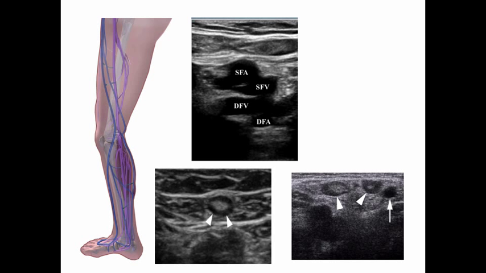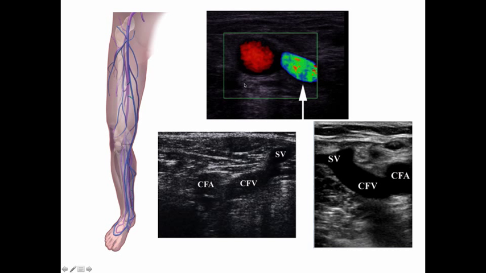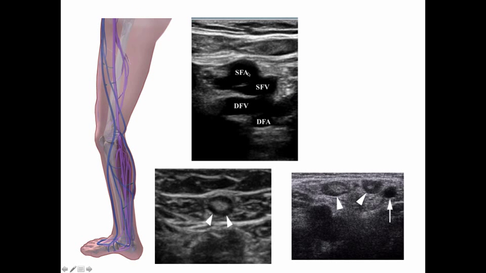And so if you see a report of a superficial femoral vein thrombus, it's actually considered a deep vein and needs to be anticoagulated. So that's why the nomenclature is changing. But you'll see that the common femoral vein, which we saw up here as one single structure, as you move down the leg, will then start to split off here into the superficial and the deep femoral vein.